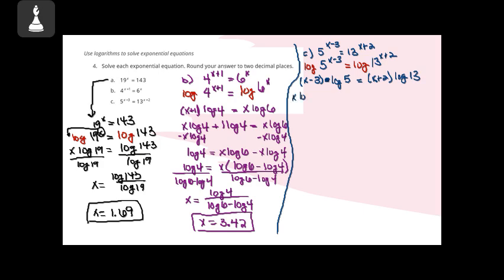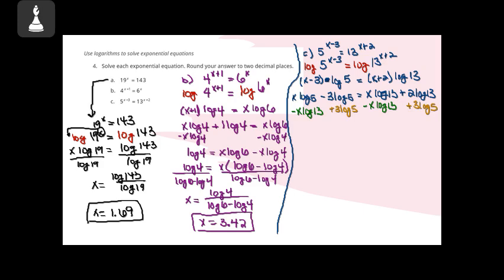I'm going to bring the x to the left side, so minus x log 13. And then I'm going to add the 3 log 5 over to the other side. So I'm moving the x's to the left side and the numbers to the right side. So I'm going to have x log 5 minus x log 13 equals 2 log 13 plus 3 log 5.